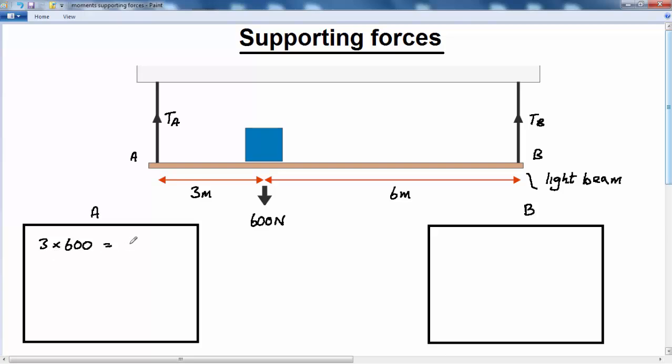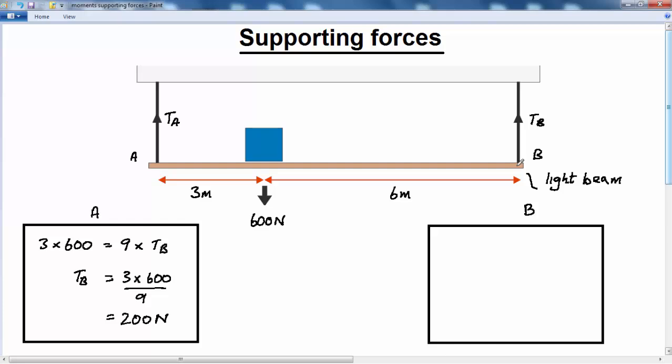So we say 3 times 600 is equal to 9 times TB. Well, that tells us that TB is equal to 3 times 600 divided by 9. That's 1/3 of 600, which is equal to 200 newtons.